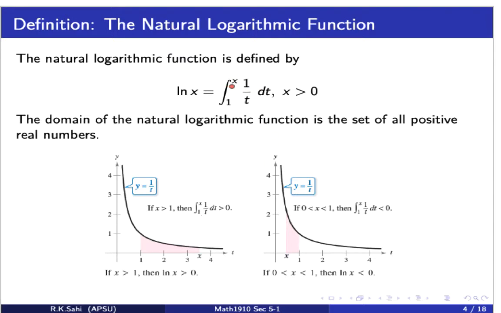If x is between 0 and 1, that is 0 less than x less than 1, then the integral from 1 to x of 1 over t dt, which is natural log of x, is a negative number. And when x is 1, natural log of x is 0. In other words, natural log of 1 is 0.